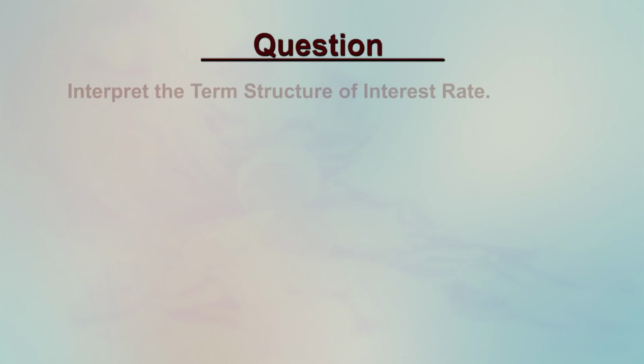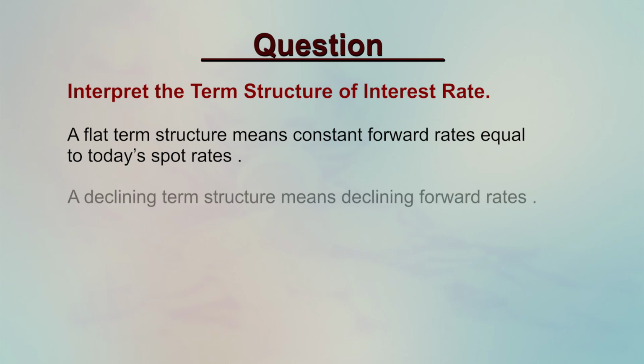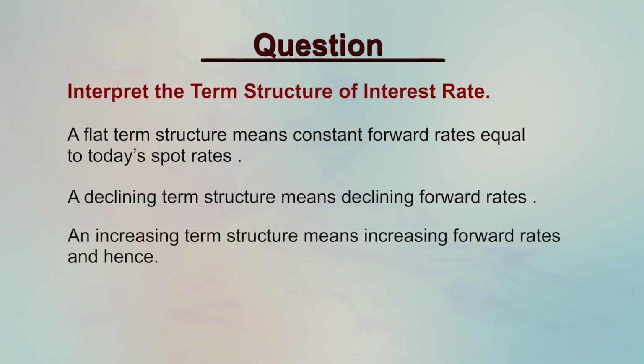So we can now ask how we can interpret the term structure of interest rate: a flat term structure means constant forward rates, a declining term structure means declining forward rates, and increasing means increasing forward rates. So all the three possibilities are taken care of.